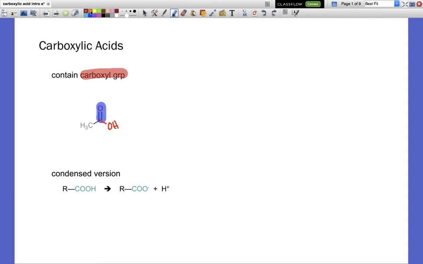Otherwise, carboxylic acids are called acids for a reason. We're going to talk about how they have acid-like properties, how they can donate protons to a solution. So that hydrogen that's attached to this hydroxyl group is actually very loosely associated with that oxygen and can be lost very easily, right?